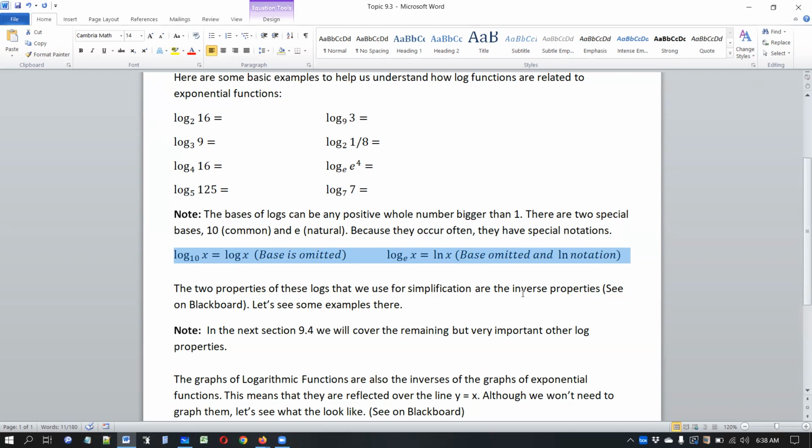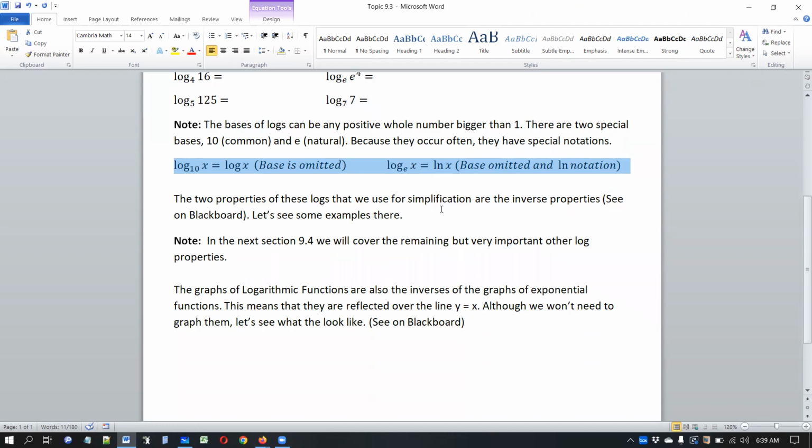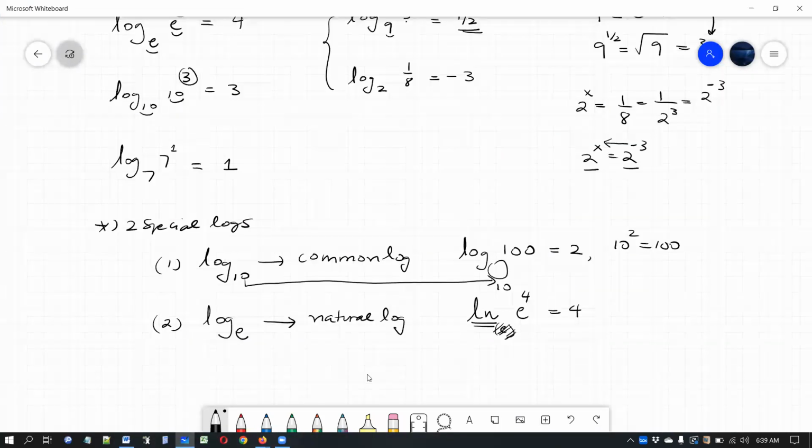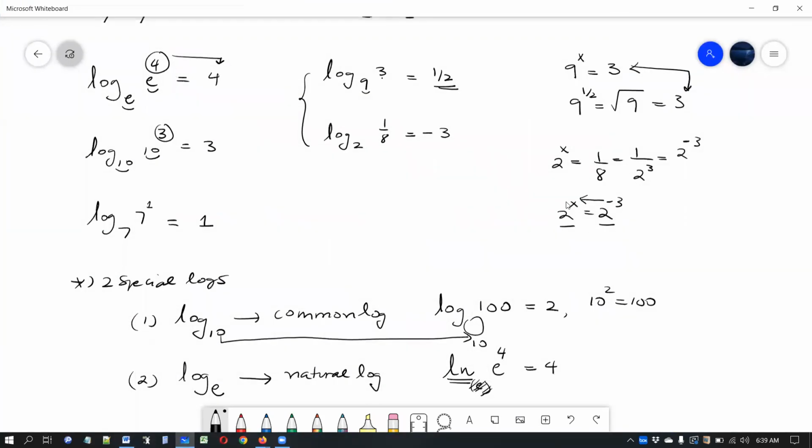Okay. So the two properties I mentioned before, I think they are somewhat obvious, but you don't have to remember them now. In the next section, we'll go over more of these details, but it's important for you to understand this. We won't have to graph either the log functions or the exponential functions, but it helps to understand that they're inverses of each other, because as you can see here, I used the properties of exponents to evaluate these logs.